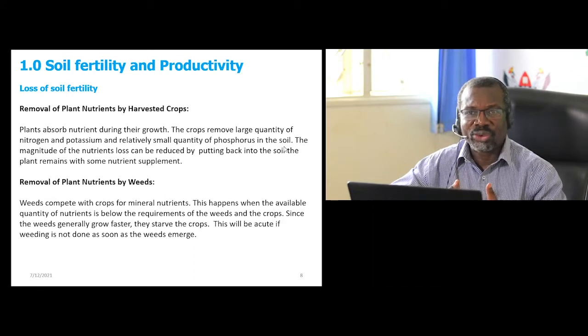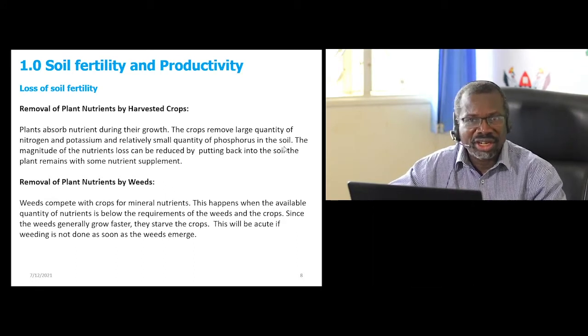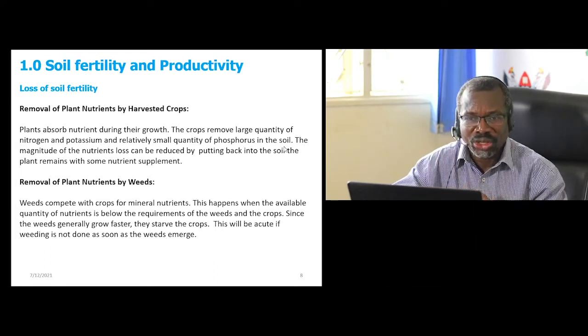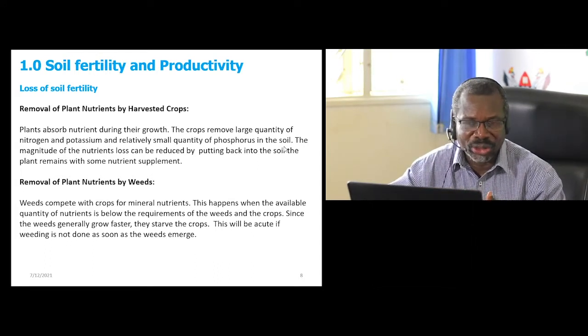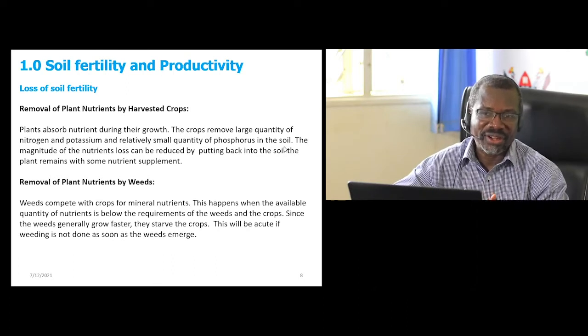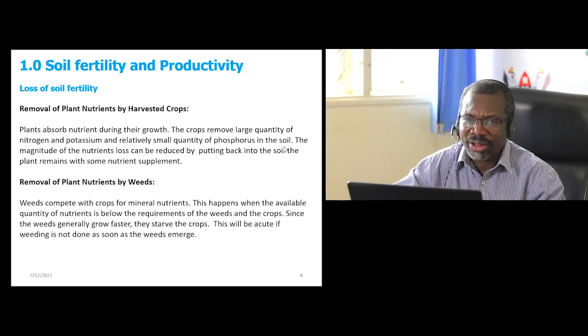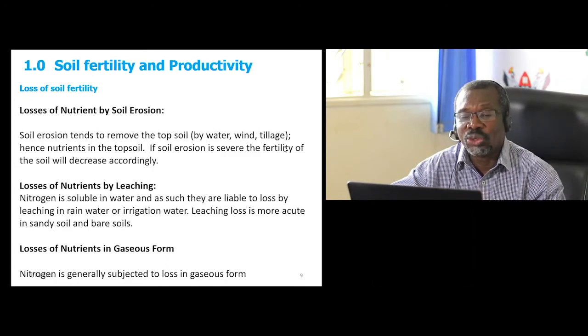So if you remove the weeds without leaving them to rot on the soil, then you don't put back the nutrients, and that will be one way of losing the nutrients.